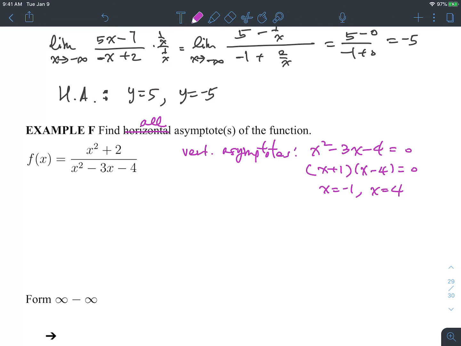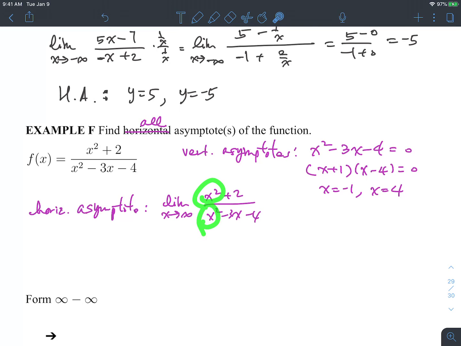Well, we're going to find the limit as x goes to infinity in this case. We have x squared plus 2 over x squared minus 3x minus 4. In this case, I won't even bother putting the negative because if I did, it'll be positive here anyways.